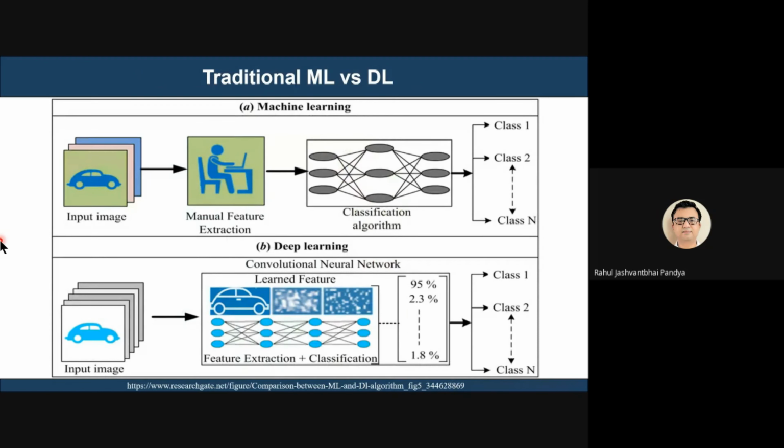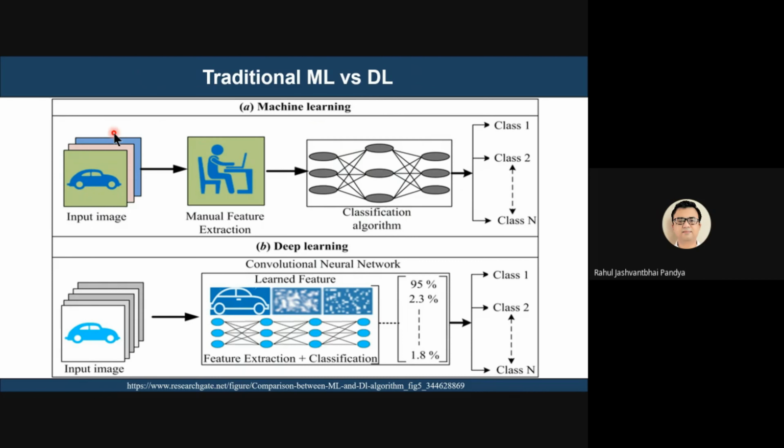There is a difference between machine learning and deep learning. The upper part of the image, part A, is machine learning. Let's say we are giving input images such as car, bus, scooter, etc., and we have to do manual feature extraction, such as we can give the dimension of a car, let's say a few meters long.